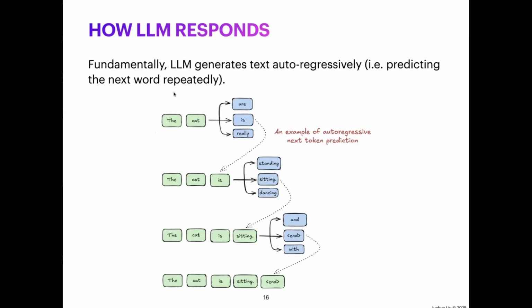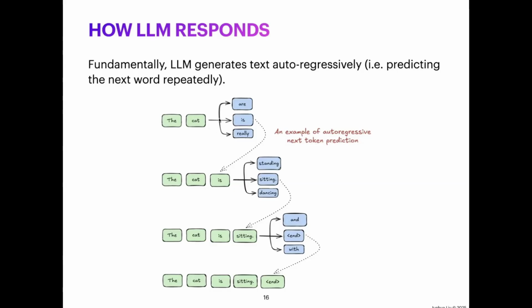Fundamentally, a large language model generates text auto-regressively, which means it predicts the next text one by one, rather than either retrieving or generating all the text at the same time. Here, let's say our prompt starts with "the cat", the model will first pick the next word.